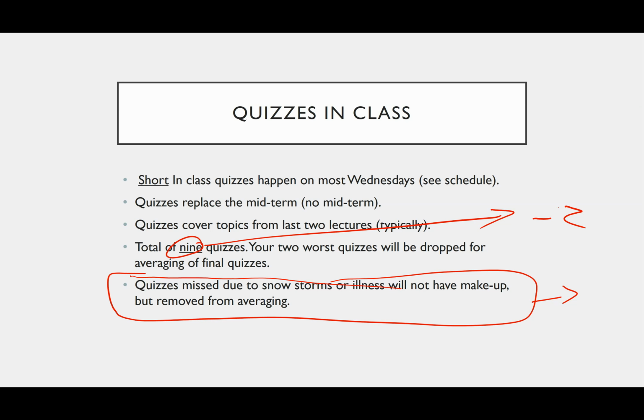What I'm using is, so there's a, where is this? So there's a self-reporting system basically, so that rather than having to go to the doctor and stuff to say I was sick, if you just had the flu, don't waste your time doing that. There's a self-reporting system you can use for two sick times, which can be used for quizzes or labs. It's not allowed to be used for the final or the lab final.